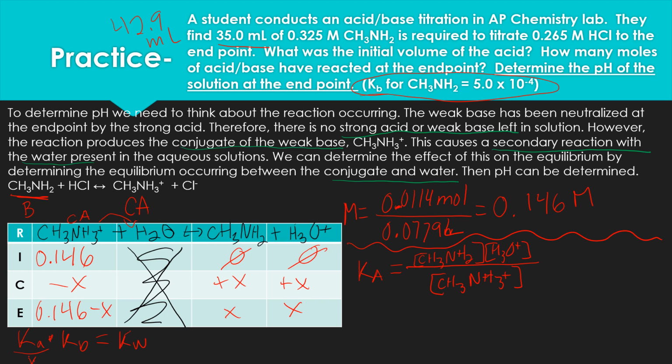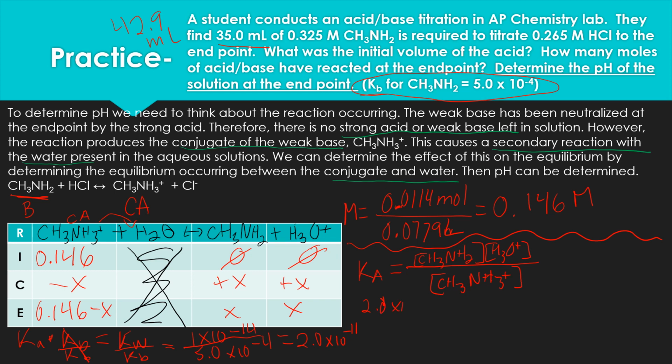We would have to divide by Kb on both sides, and that would give us our Ka. So our Kw value is 1 times 10 to the negative 14th divided by our Kb that's given at the top, 5.0 times 10 to the negative 4th. So we get 1 times 10 to the negative 14th divided by 5 times 10 to the negative 4. And we get 2.0 times 10 to the negative 11th. So that's what we want to plug in for Ka.